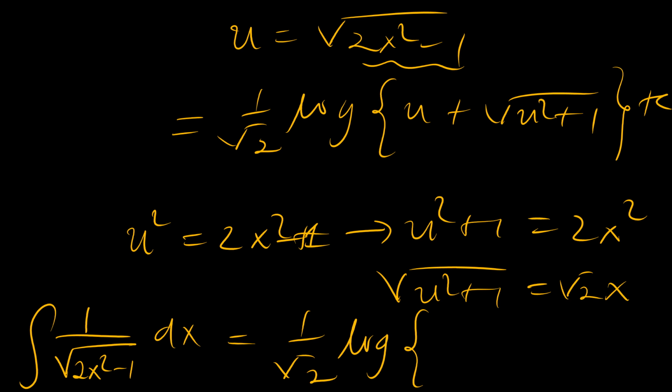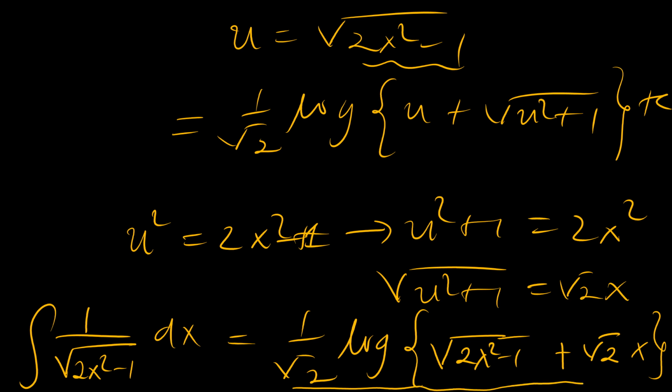In place of u, we have the square root of 2x squared minus 1, and in place of the square root of u squared plus 1, we have root 2 x, plus the integration constant, obviously, but that really is our answer. So two different methods, but you see that you probably will be led to the same answer.